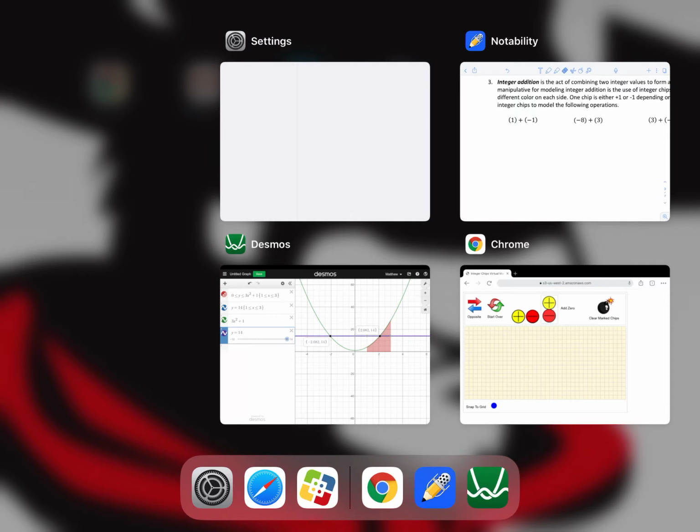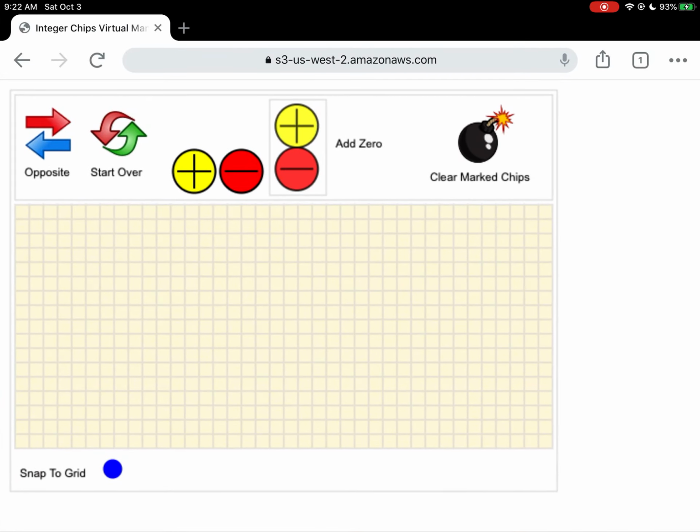Let me show you a virtual manipulative that uses integer chips as these little circles. The yellow ones stand for the plus 1, and the red ones stand for the minus 1. In reality, students working with integer chips may have actual physical chips, like poker chips, where you flip the piece over and on one side it's red, the other side it's yellow.